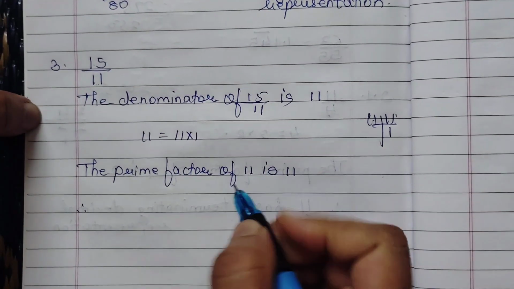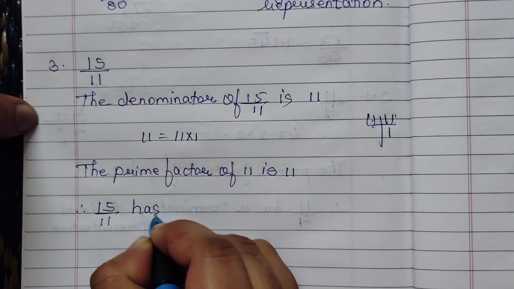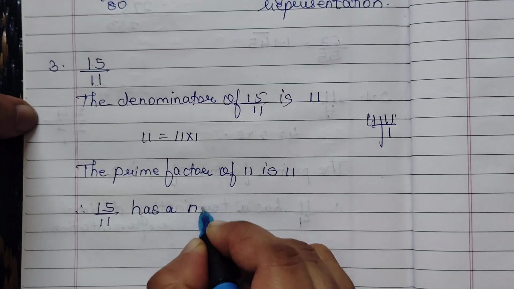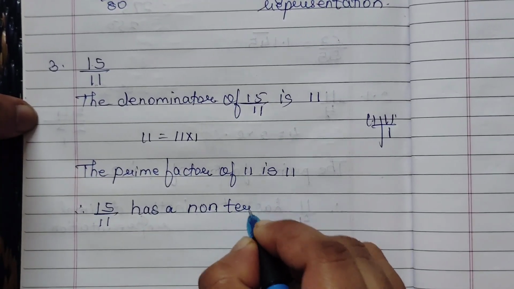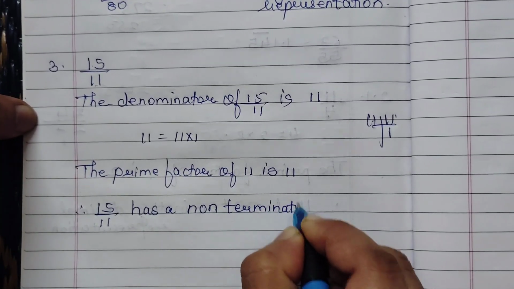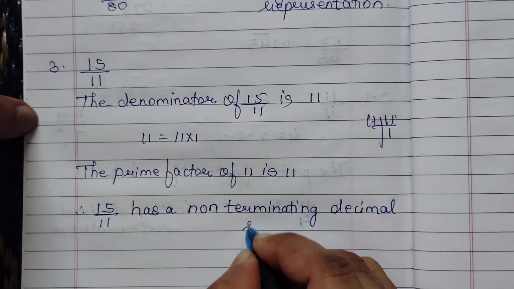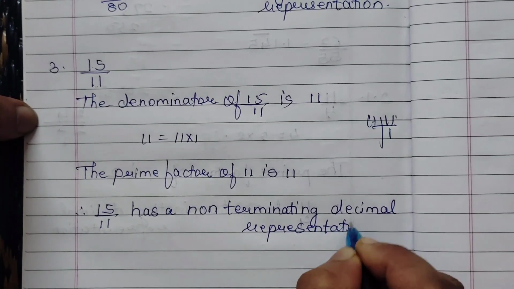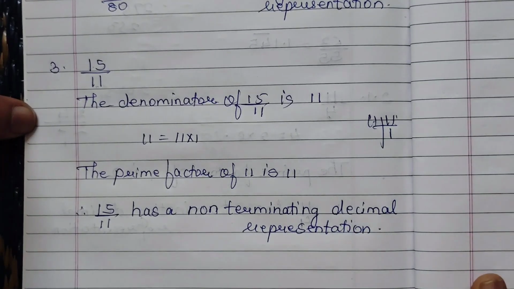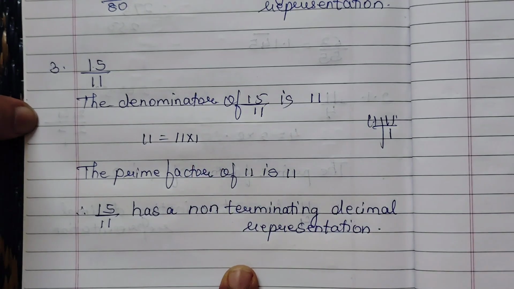Therefore, 15 upon 11 has a non-terminating decimal representation. Okay, got it? Only when 2 and 5 are there is it a terminating decimal representation. Got it?